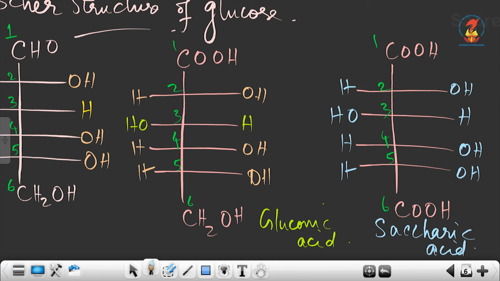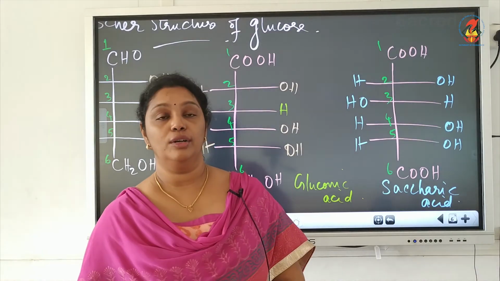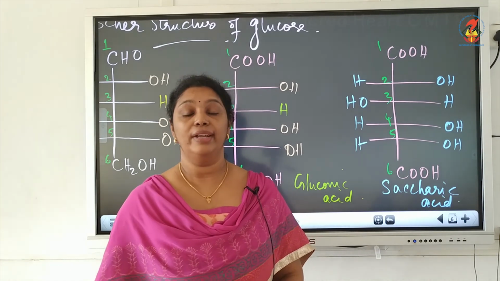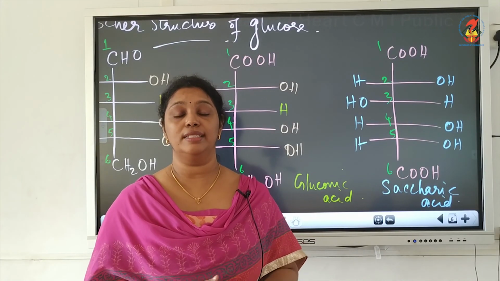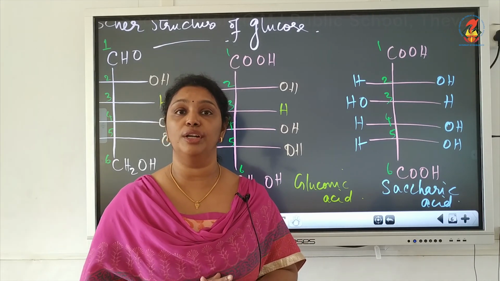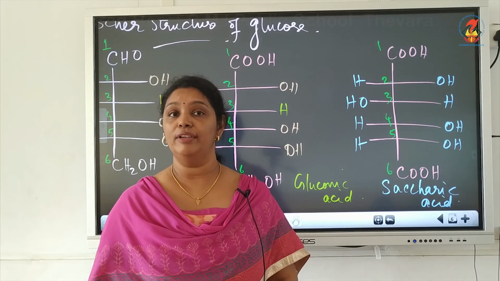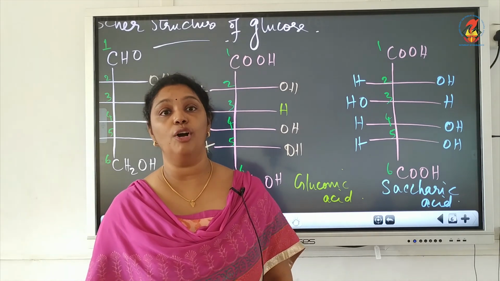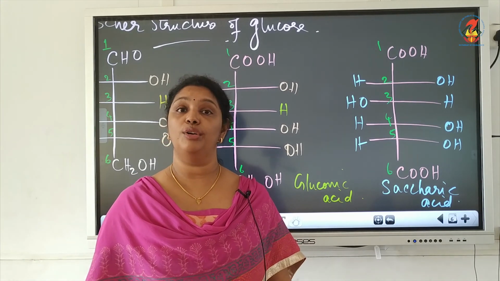So this is the Fischer structure of glucose, gluconic acid and saccharic acid, and these are the reactions that proved the structure of glucose. So glucose has the functional group aldehyde in it. There are 5 hydroxyl groups present in glucose, and there is a primary alcohol group, and we have CHOH 4 times.